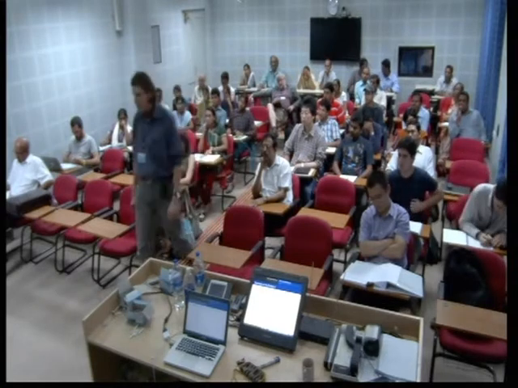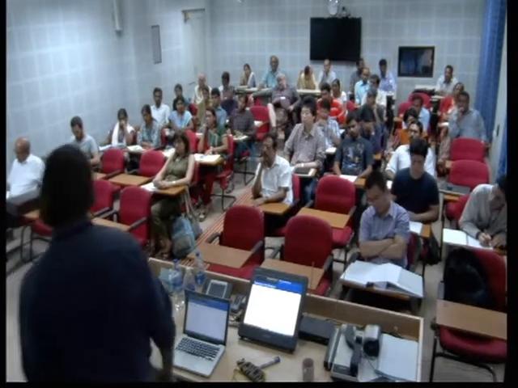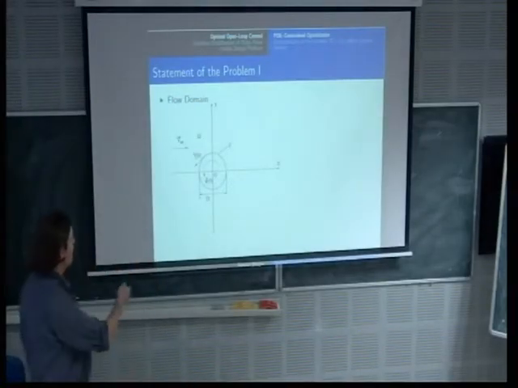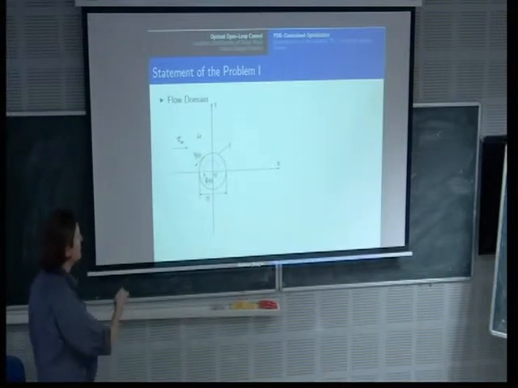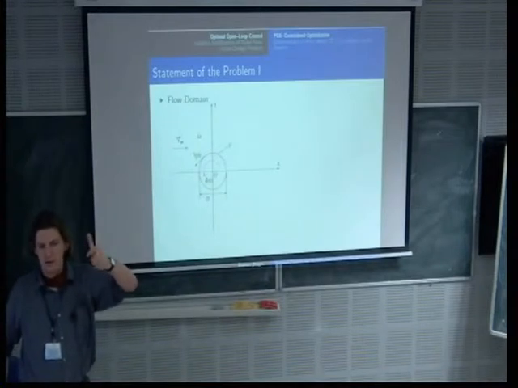And there are many different ways in which this can be done for this problem. Some are more realistic, some are less realistic. One type of control that has been considered in the fluid dynamics literature is simply by rotating the obstacle.